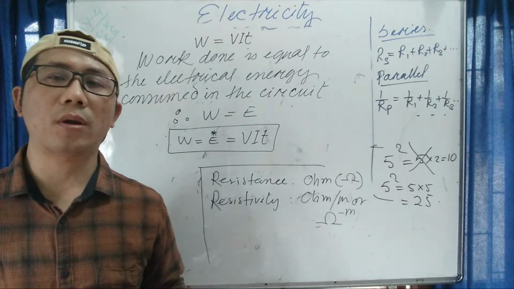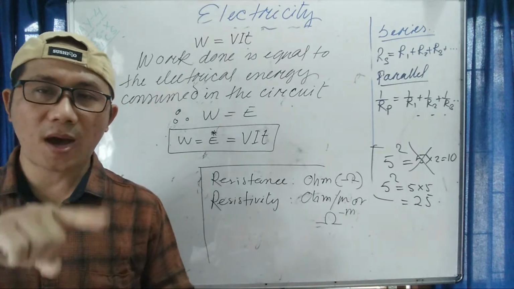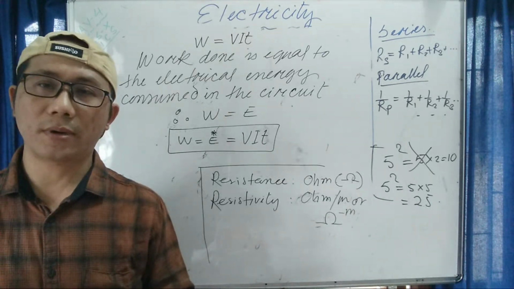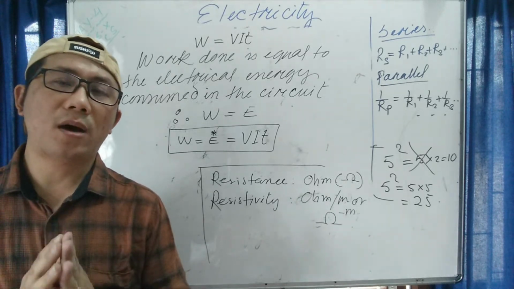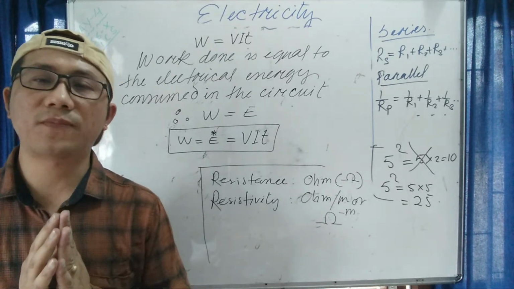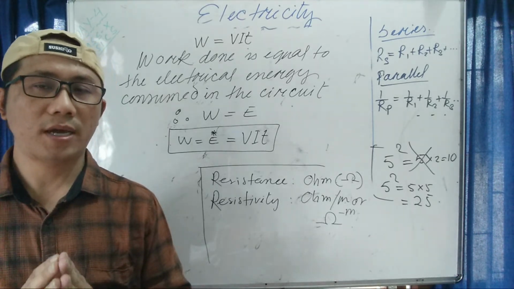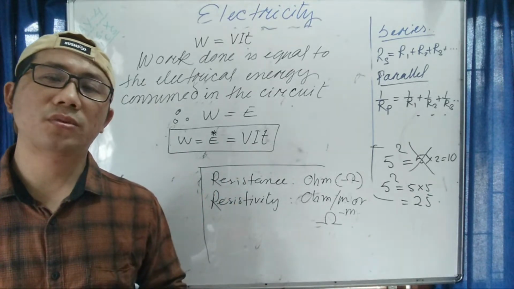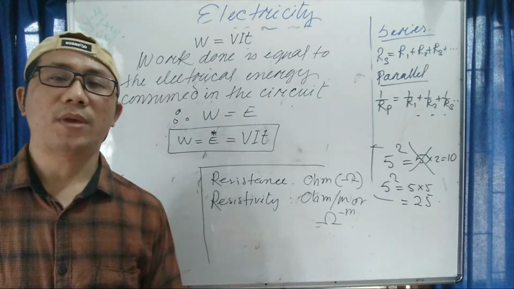For household use, per unit means per 1 kilowatt hour, it costs about rupees 4 per kilowatt hour. And in industry they charge more, about rupees 8, double that amount.